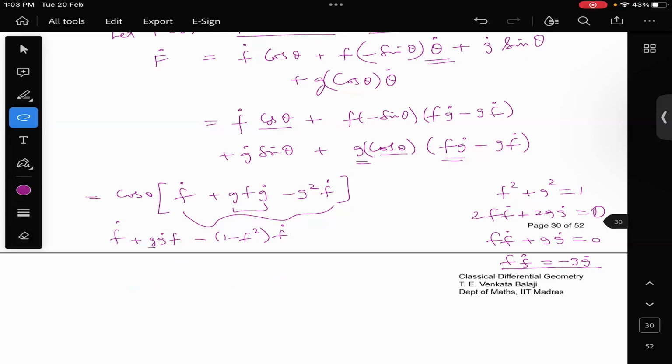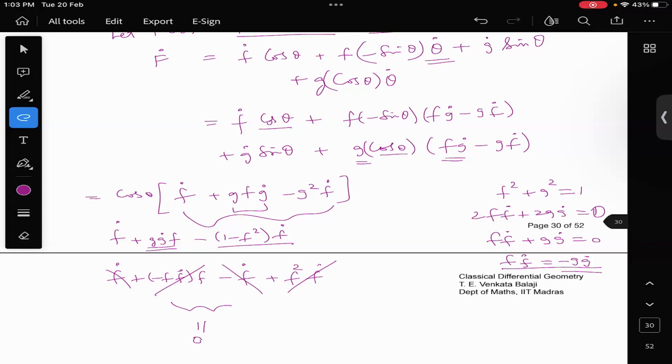So here this g dot you replace with minus f dot, so I'll get f dot plus minus f dot into f, minus this term, f dot plus f squared f dot, and you see now this and this cancels, this and this cancels, so this term is actually 0.